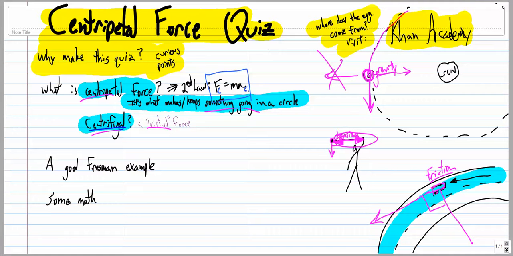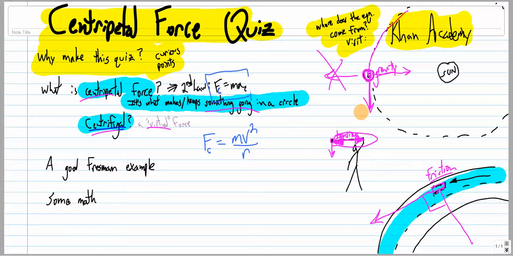The C is for centripetal, which means center seeking. The actual equation is force centripetal equals mass times velocity squared over the radius. If you've got your math cap on, you'll see that acceleration centripetal is v squared over r. That's true, but that's not something a freshman needs to know, in my opinion.